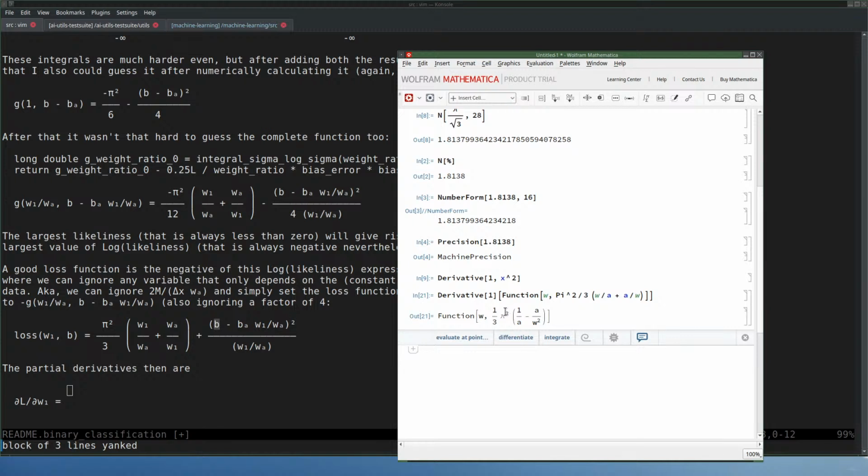It repeats a constant, pi squared divided by 3, and then we have the derivative here as 1 over A, and that becomes minus A over W squared. Yes.